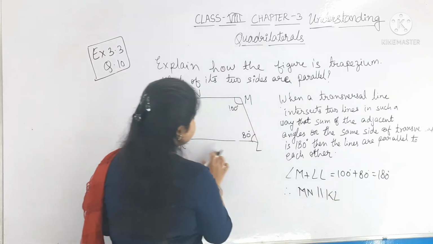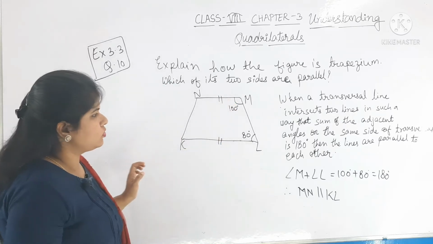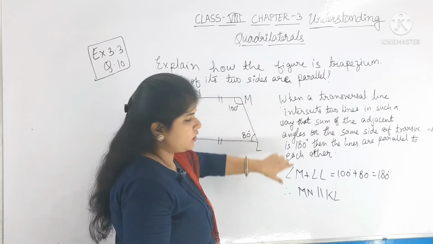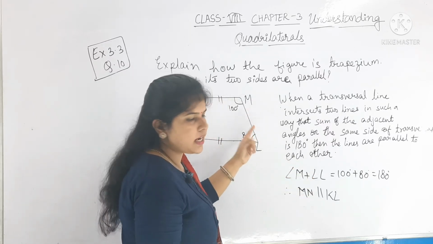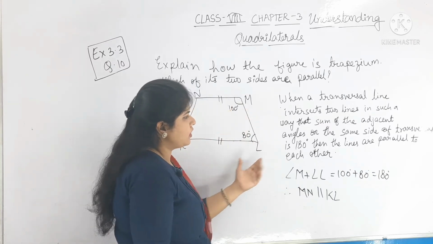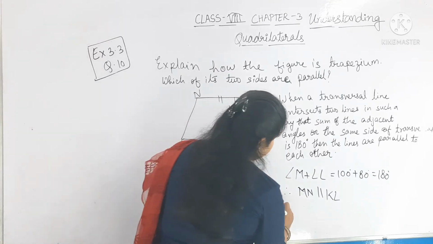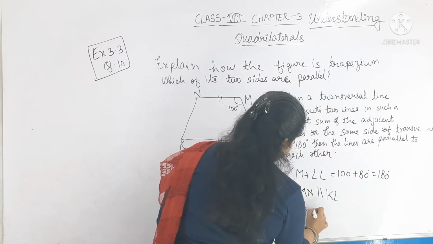So these two sides are parallel, KL and MN. This is the solution. You have to write this property, then write angle M plus angle L, with the transversal of these two sides MN and KL. Then the lines are parallel to each other. These are parallel, therefore KLMN is a trapezium.